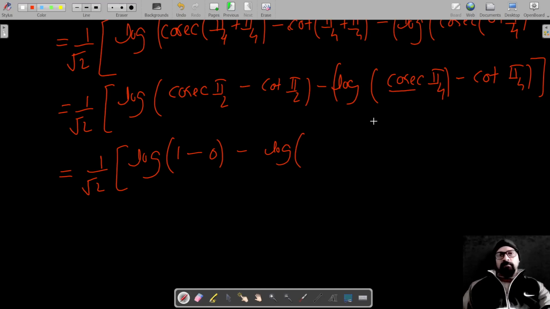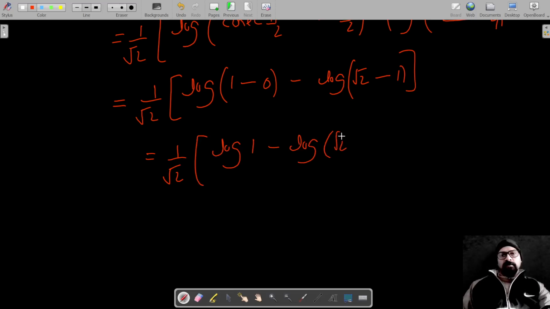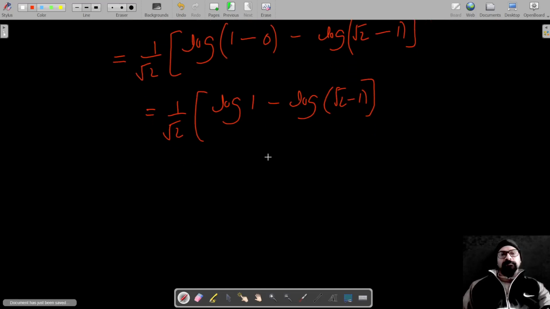So sine pi by 4 is, this is root 2, and log of root 2 minus cot pi by 4 is 1. So finally we have 1 by root 2. This is log 1 minus log of the root 2 minus 1.